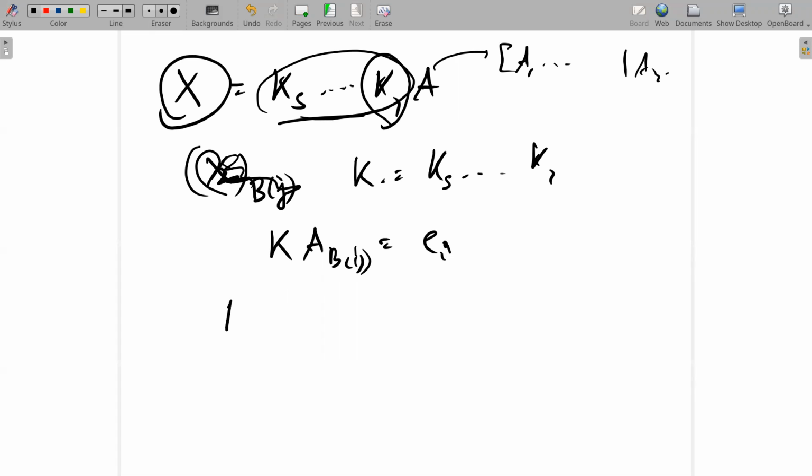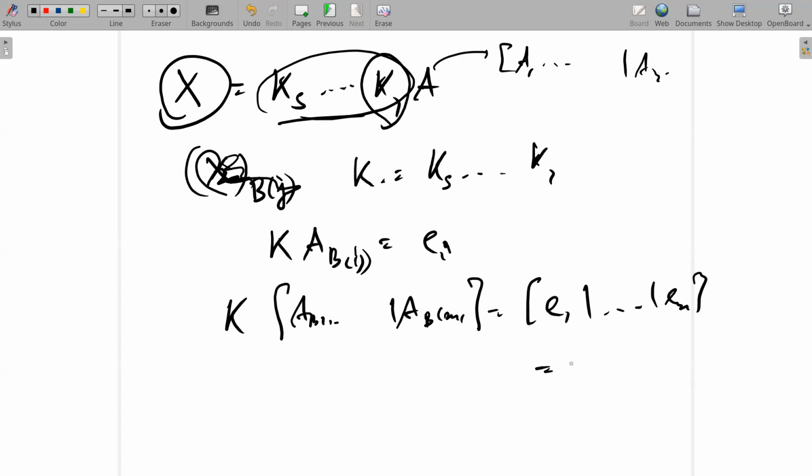Which means if I look at the matrix AB1 all the way up to ABM, I get the matrix E1 all the way up to EM, which is the m by m identity matrix, which means K is nothing but B inverse. So if I call this B, K is equal to B inverse. So this X was nothing but B inverse A.